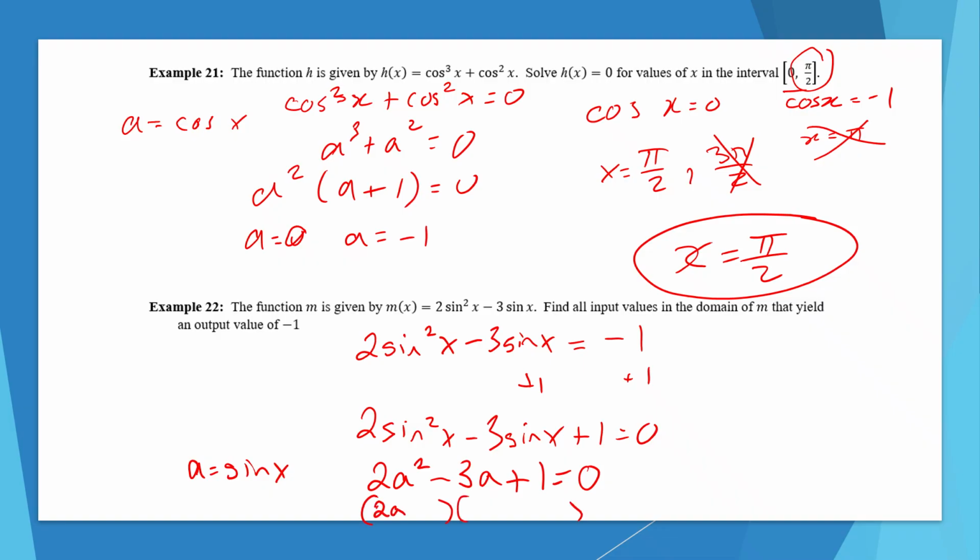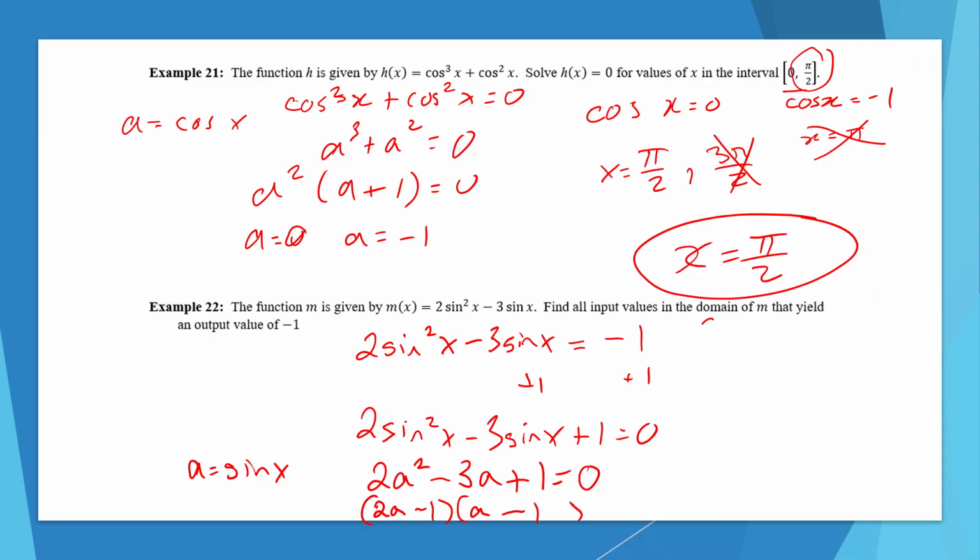Because you have a leading coefficient that is not 1, but I would expect you to be able to factor this. Here we see they add to -3, but multiply to +1. So we're probably going to have a -1 and then a -1 there. If you FOIL it out and check, you see that that is how you factor it.